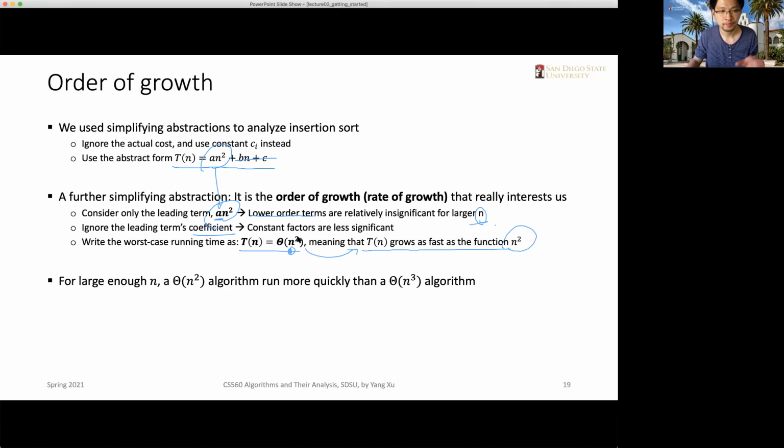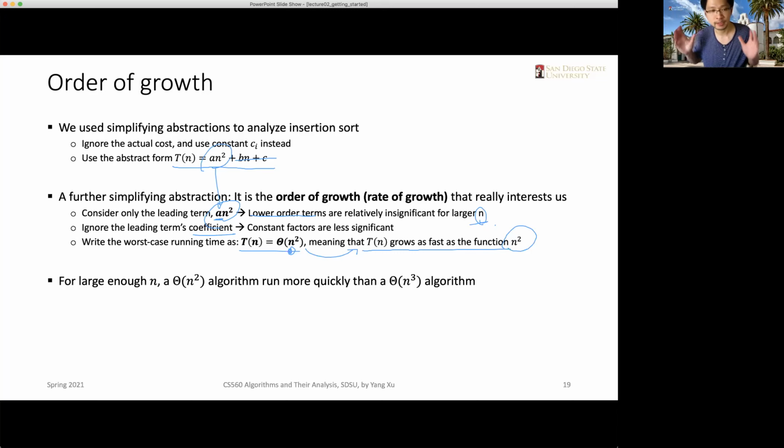This big theta notation is something that we're going to formally introduce in the next class. But here, as a preparation, let's have a rough sense of how the notation is used. So this big theta wrapped around n squared means that our function grows almost as fast as a quadratic function.